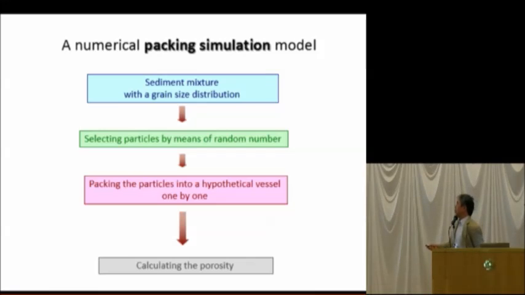And the flow is like this. First, we make the sediment mixture with the grain size distribution. From this sediment mixture, we select particles by means of a random number, and pack the particles into a hypothetical vessel one by one. And then we calculate the porosity. This is the flow.